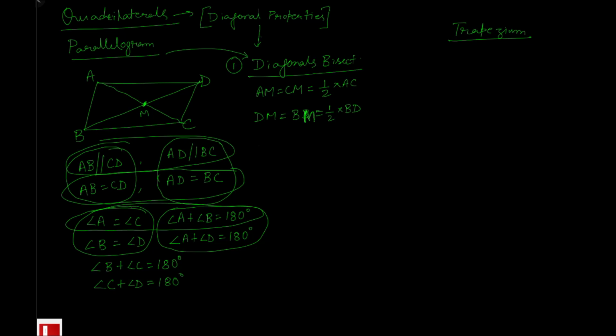Now comes the area division. If you look at the area division, that's very important to understand. Every diagonal divides the entire parallelogram into two equal parts. So for example, area of triangle ABC is equal to area of triangle ADC, and in fact further, it is equal to area of triangle ABD, and it is equal to area of triangle BCD.